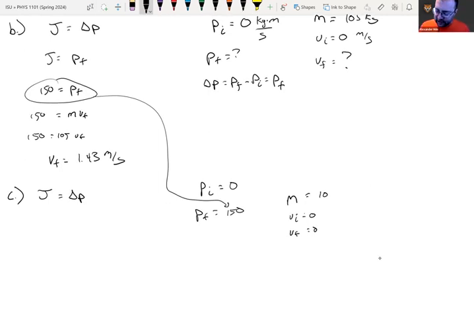And from there, we can say, okay, 150 equals m v final. And when we solve for this new m, with this 10 kilograms, we get our velocity is equal to 15 meters per second. Now, that is like 10 times as high. Okay, it's a bit more than 10 times as high.